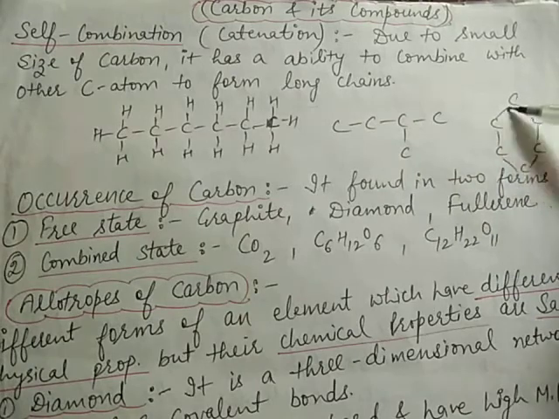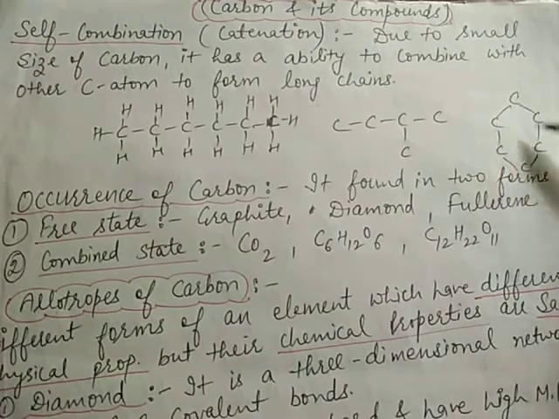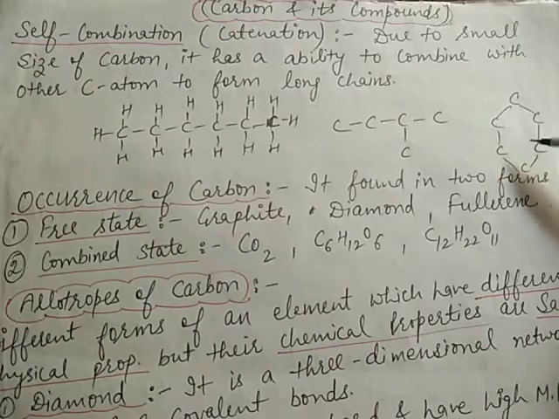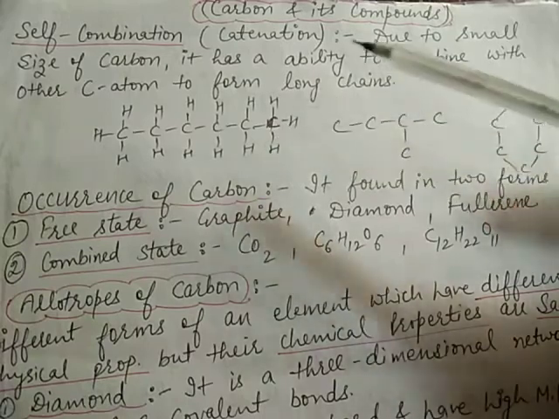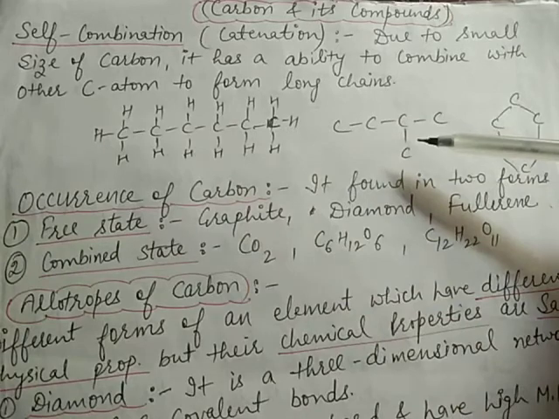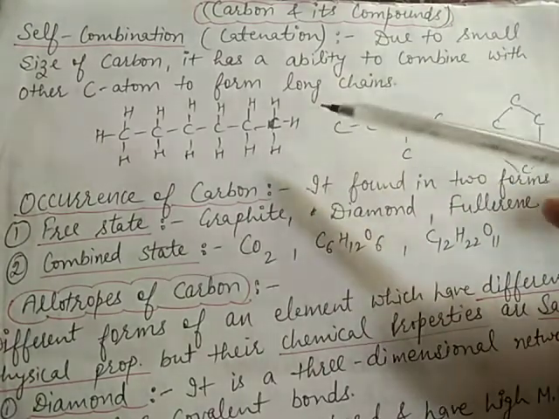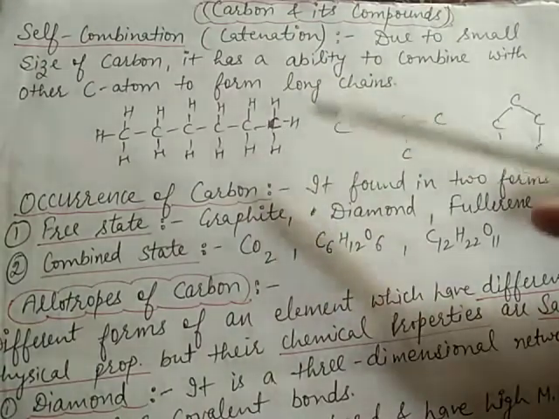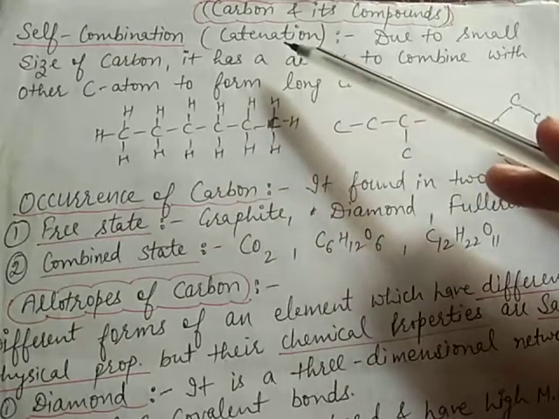And in this case 6 carbons are linked with each other and it will form a ring. This is the ring form. Means the carbons are linked with each other in the form of straight chain, branched chain or ring form. So this ability of carbon to combine with each other is called catenation.